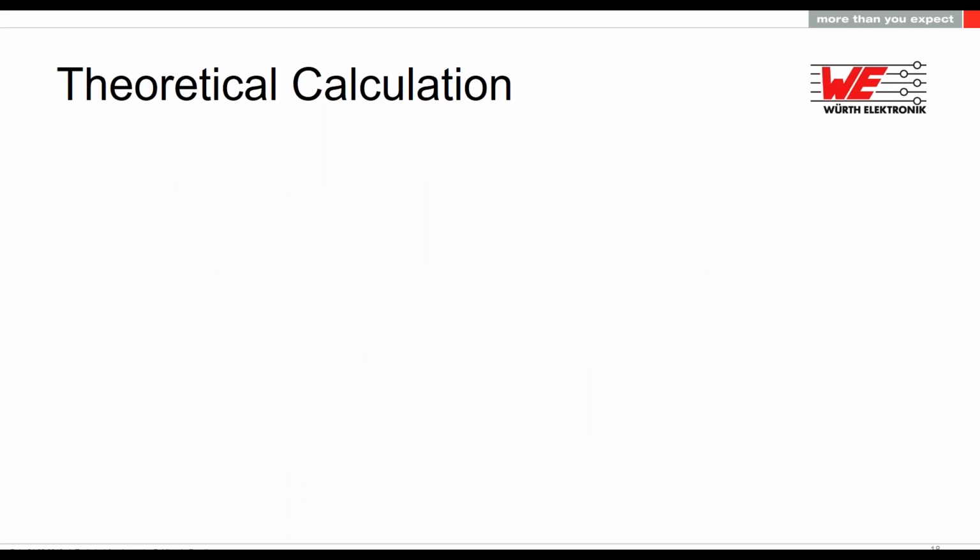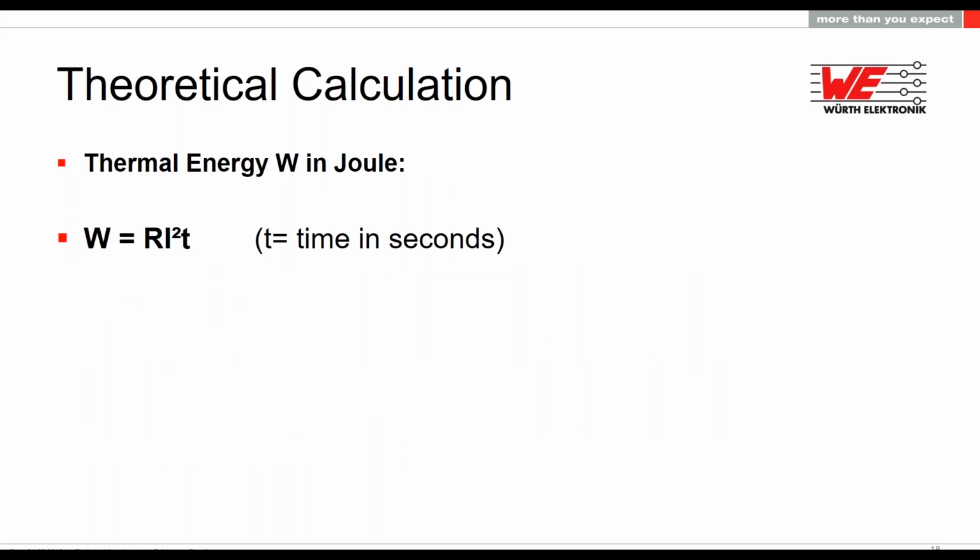The other point of the theoretical calculation is the heat energy in joule. So with the sign W, the formula here is R multiplied by the square of I multiplied by t, where the small t here is time in seconds. So it's heat energy over time.